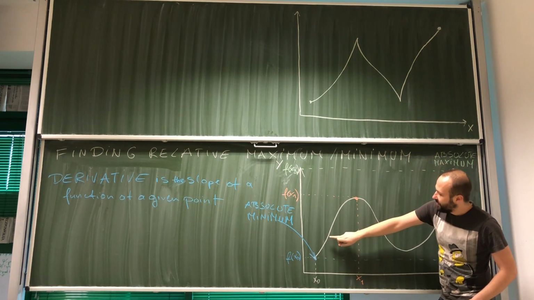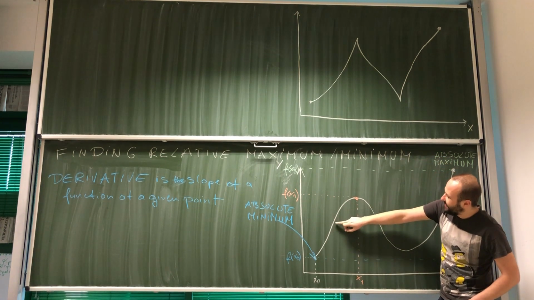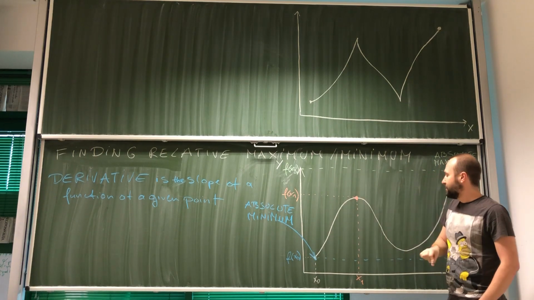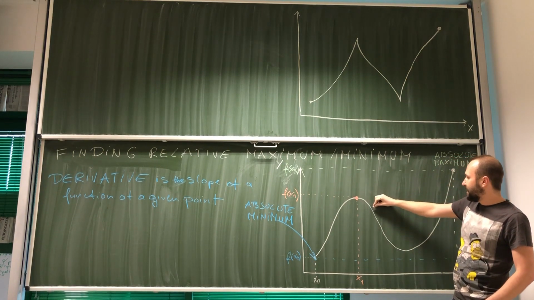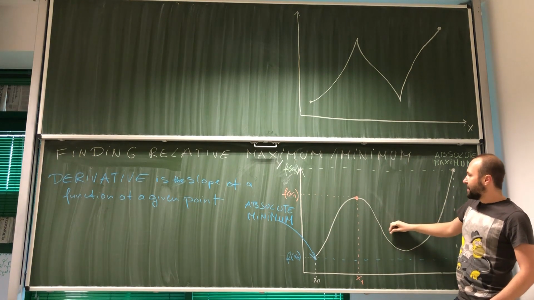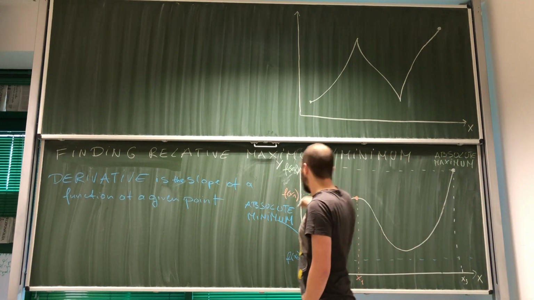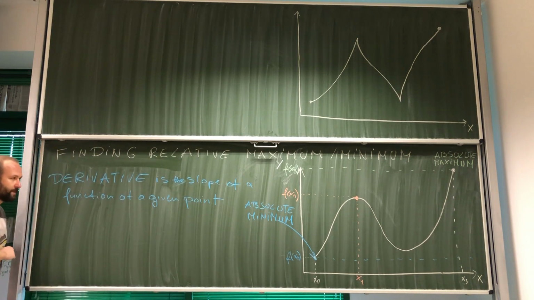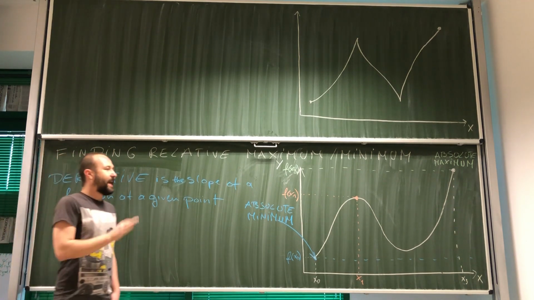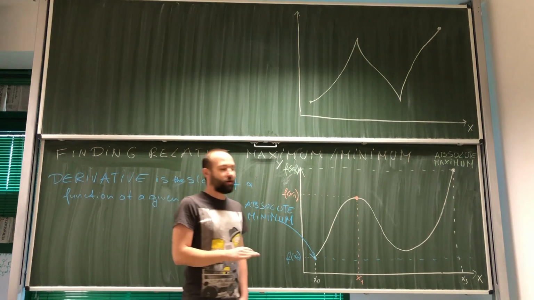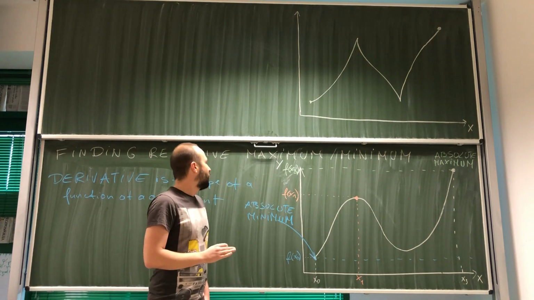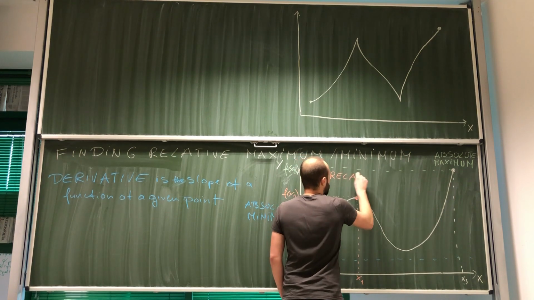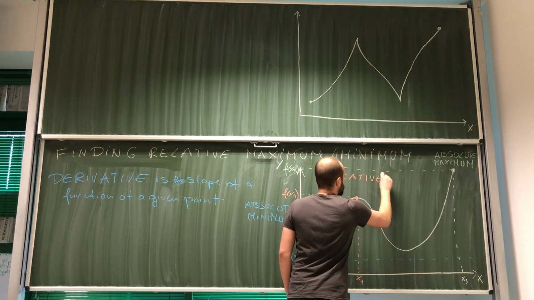We see that the function is getting higher and higher, it reaches this point, and then it gets lower and lower. So in this neighborhood, we can say that this point is a maximum. But because it's the highest point only in this neighborhood, we're going to call it relative maximum.